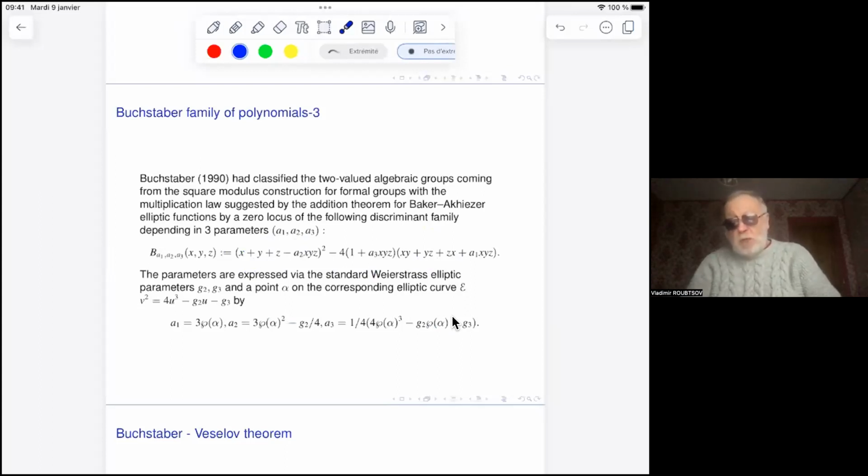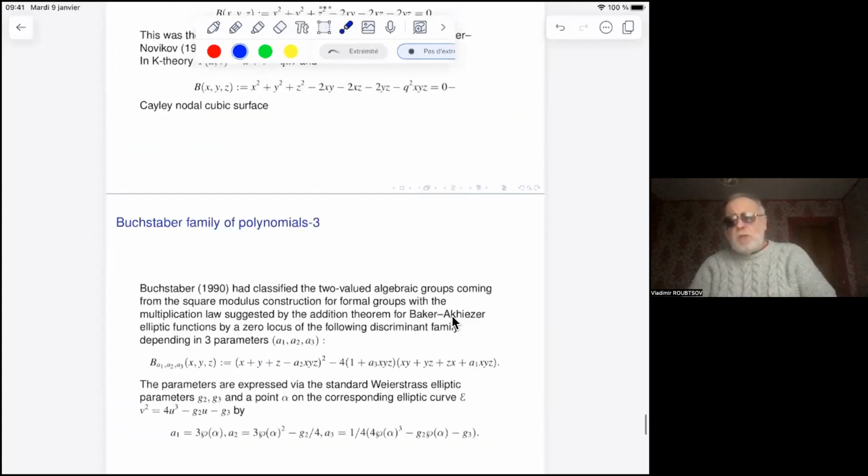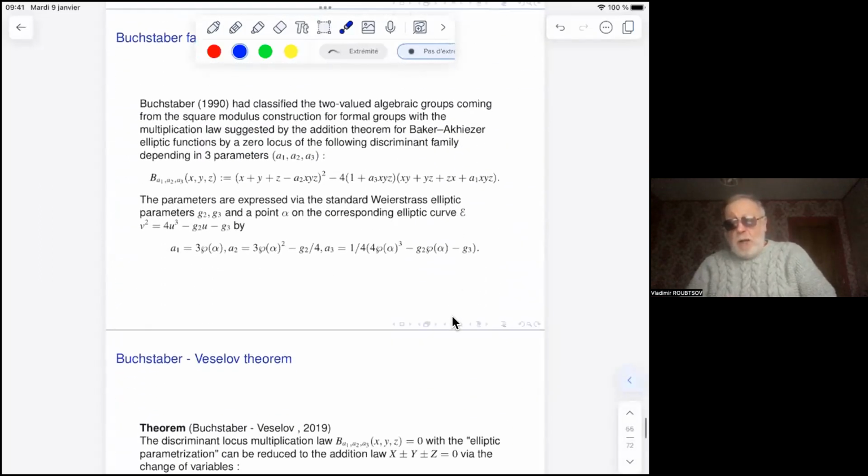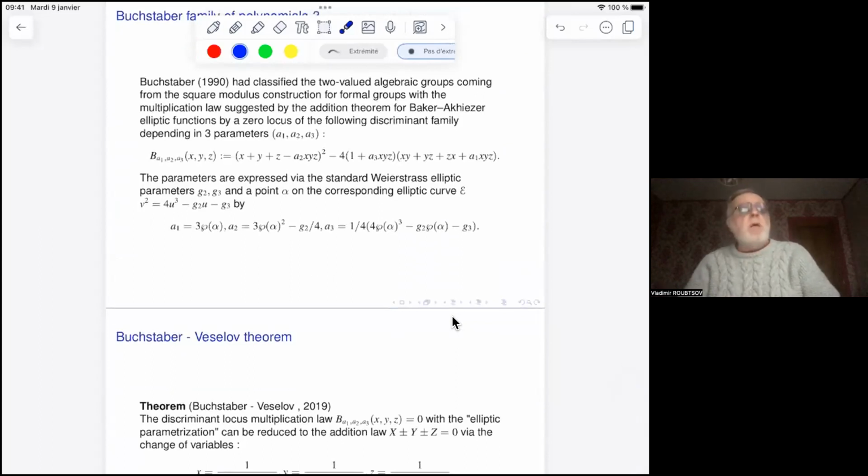So if we have such a parameterization, then this polynomial governs some formal group of this square moduli type, as I explained. Of course, this looks miraculous, but in fact it is not so miraculous, because if you have this elliptic curve, then you can apply the following construction, which was also proposed by Buchstaber a long time ago, together with Rees or maybe before.